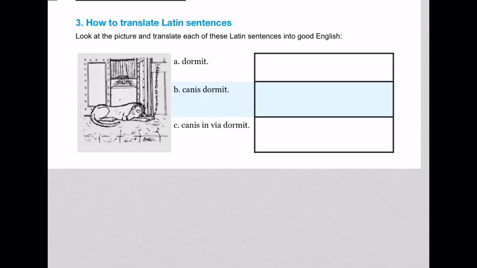If you know what canis and via and dormit means, and there's a clue on the left here, then you probably can say something like the dog is sleeping or sleeps, it's the same thing in Latin, in the road or street or way. Okay, that's the easy one.